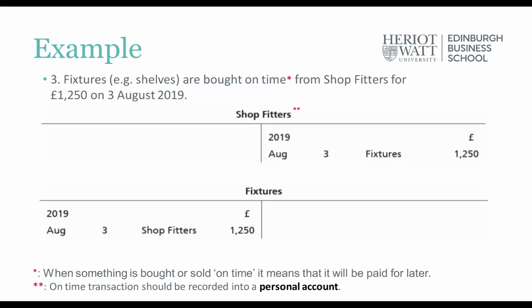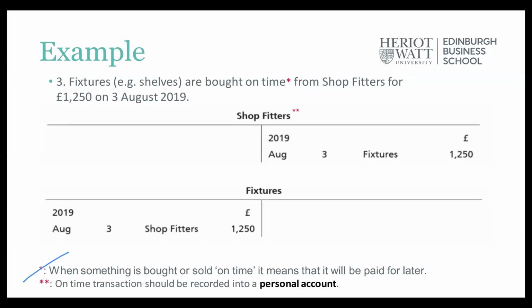You get that point now? We paid later. I'm reading here. Are you seeing the slide? When something is bought or sold on time, it means that it will be paid for later.